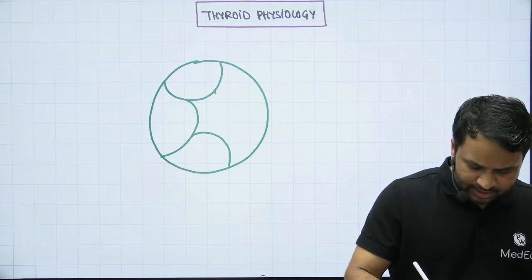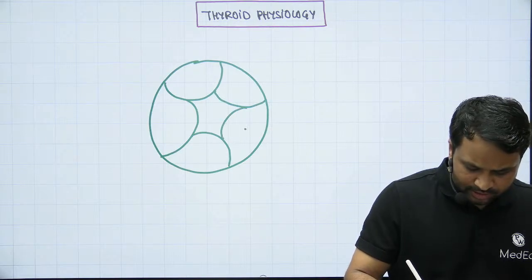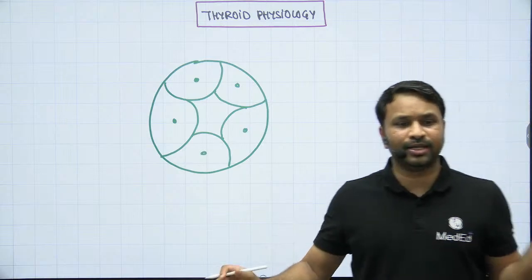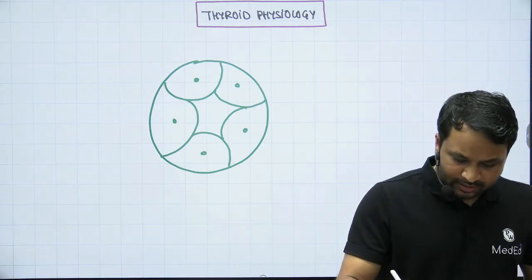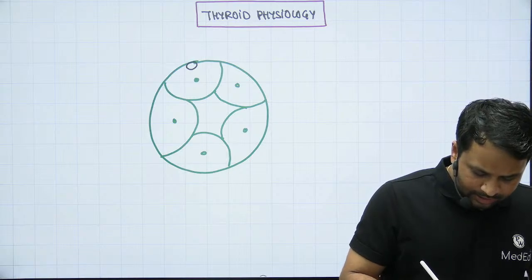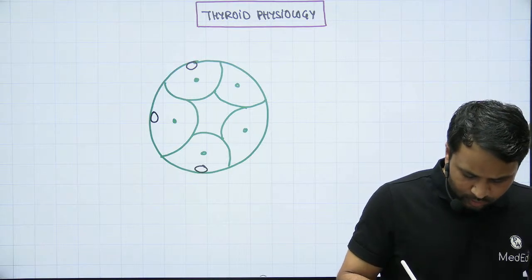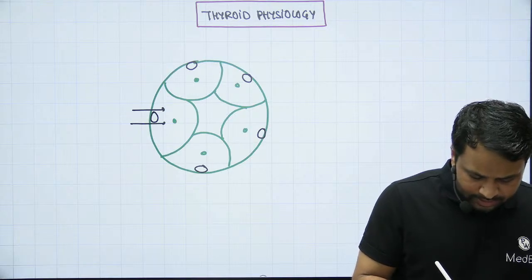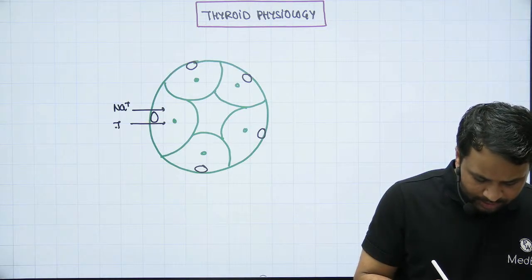Yesterday we discussed that the active follicular cells are lined by cuboidal epithelium, right? On the surface of this cuboidal epithelium, you have these ion-gated channels, which we call the sodium iodine symporter.